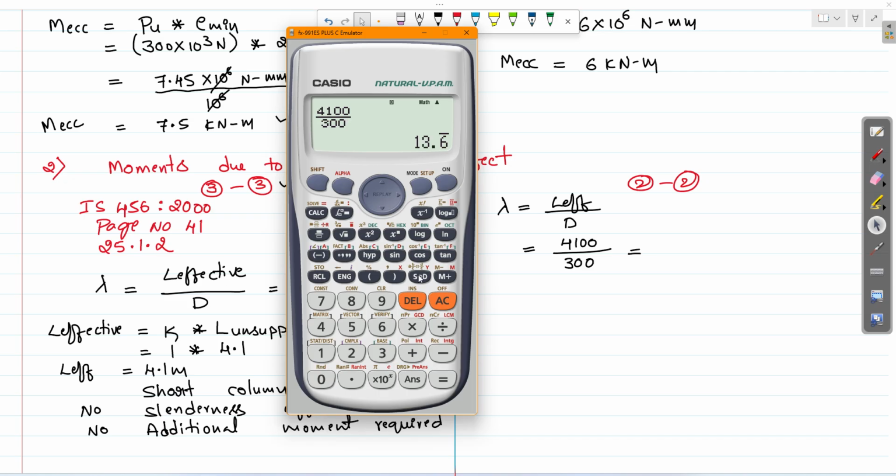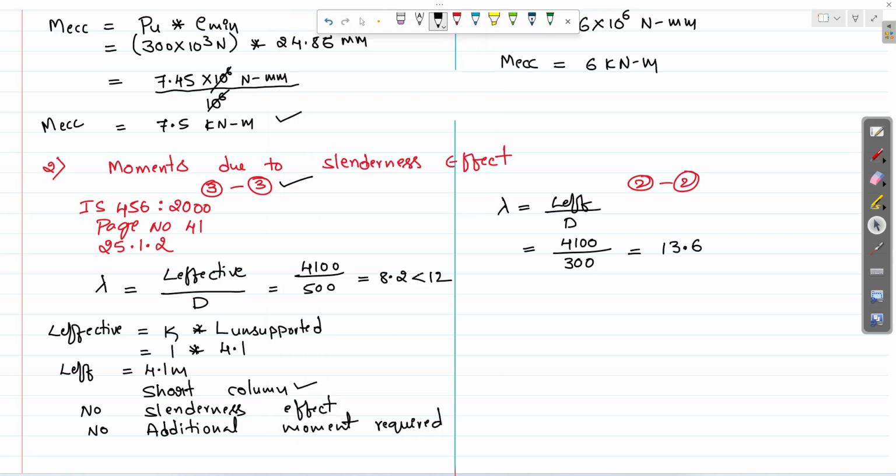So it will be 13.6, which is greater than 12. So we can say column is slender about 22 axis. Additional moment required.